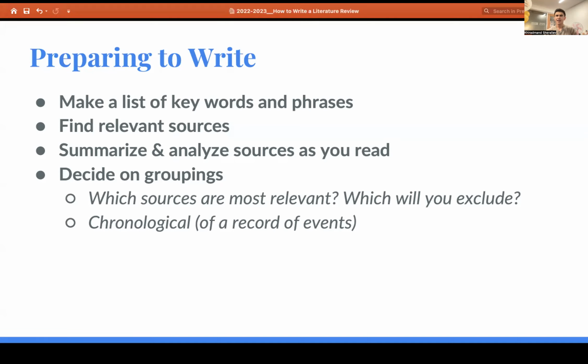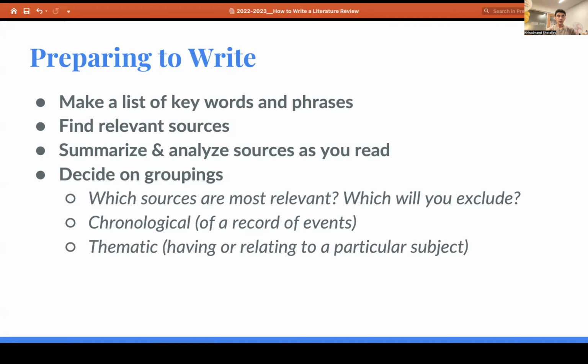For example, in 1920, these scholars believed that something. However, in early 1985 or something, the idea has changed and this happened, right? So you need to take this into account.